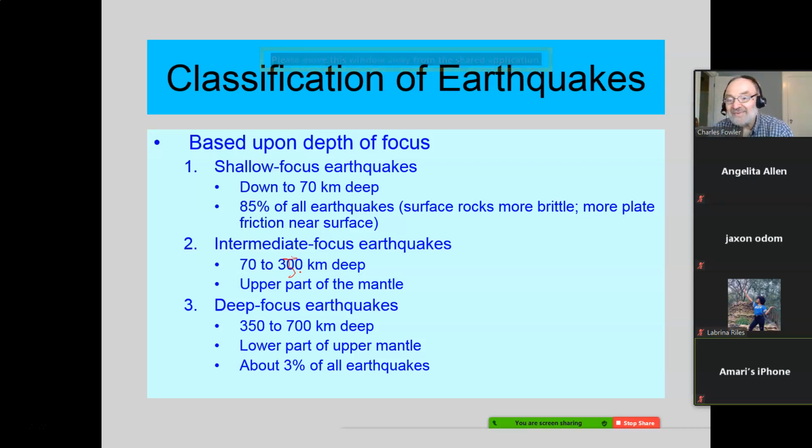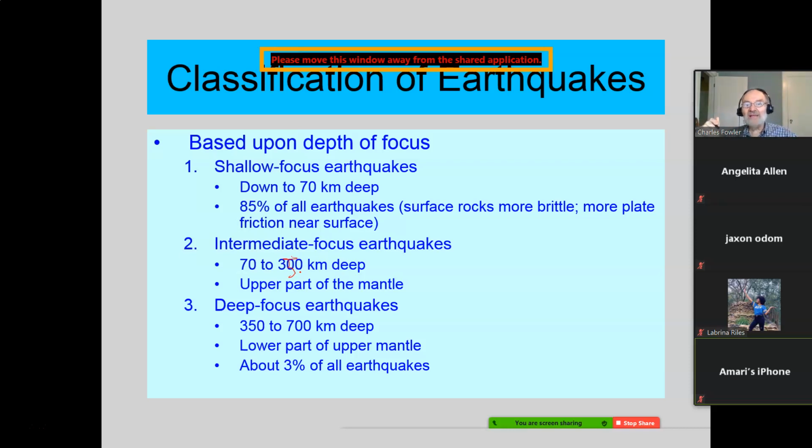It's about 210 miles deep. You call that intermediate focus? Yeah, that's what it is. So between 42 or 45 miles and 210 miles, that's called the intermediate focus earthquake.